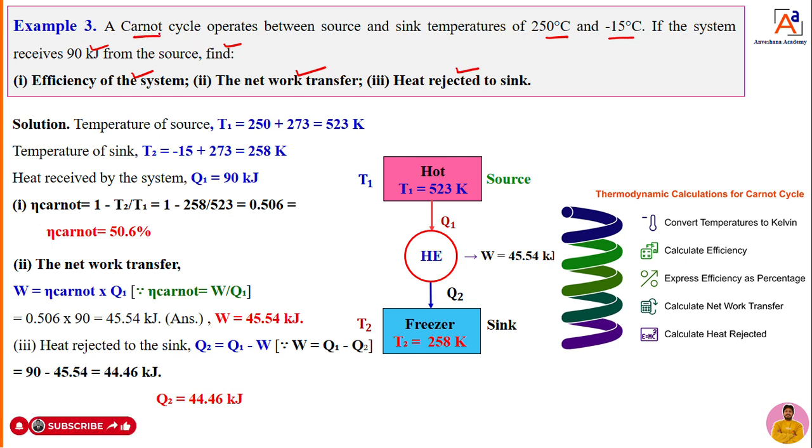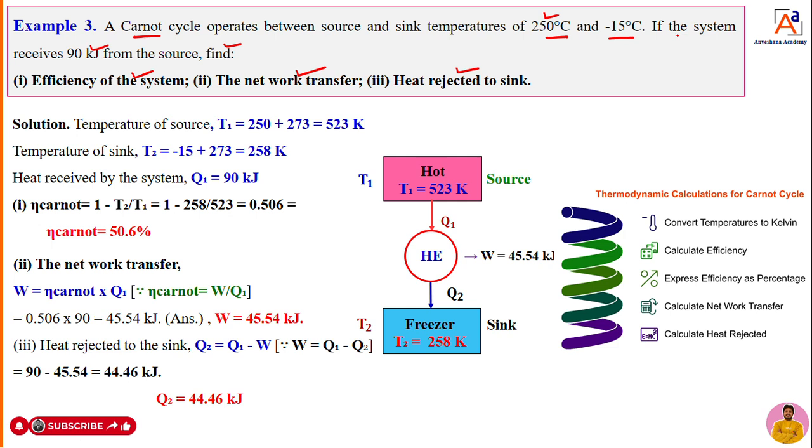The problem is related to the Carnot cycle, and it operates between two sources: one is the heat source, another one is the sink. The temperatures of the heat source and heat sink are given.